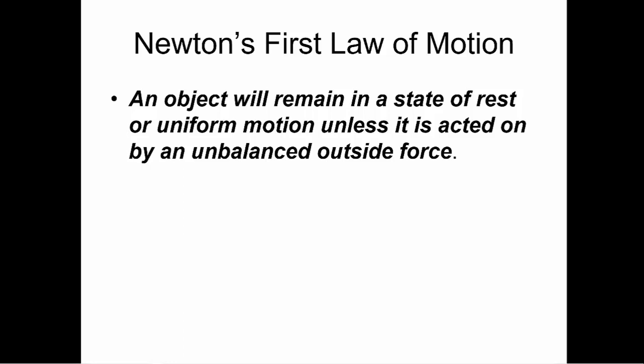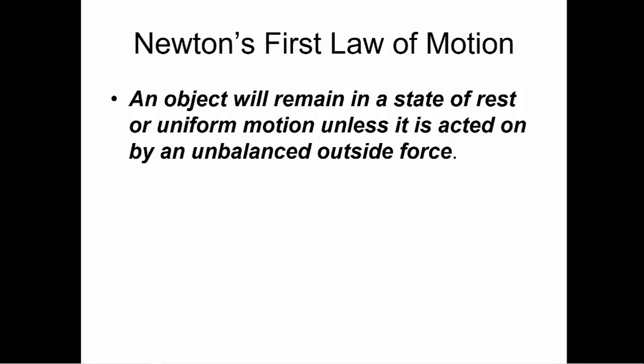The unbalanced outside force is a push or a pull, something which acting alone would make the object change its motion. If you have an object sitting on a tabletop, it has outside forces acting on it, but they're not unbalanced. The table is pushing up on it, Earth's gravity can be pulling down, and those are balanced forces.